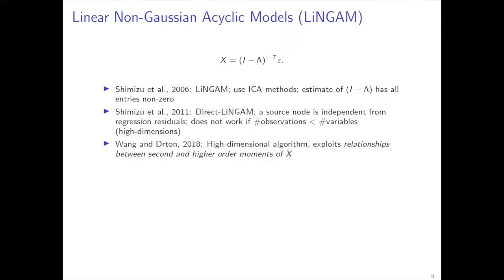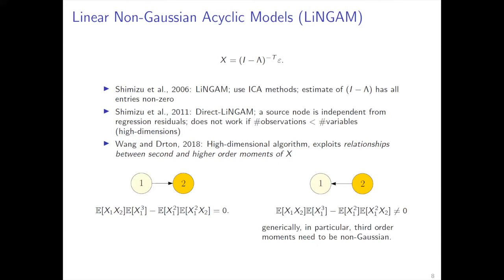It's sometimes a non-convex optimization problem that you have to solve, and there have been many other methods to learn. Basically, this original paper really showed that you can do it, which is the cool part, that you can actually find the graph. Then I want to talk about this algorithm where they use second and higher order moments of the random vector to identify the graph.